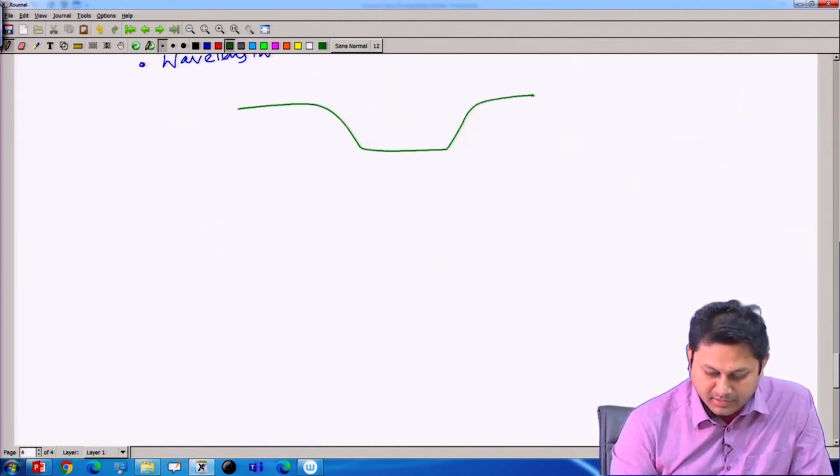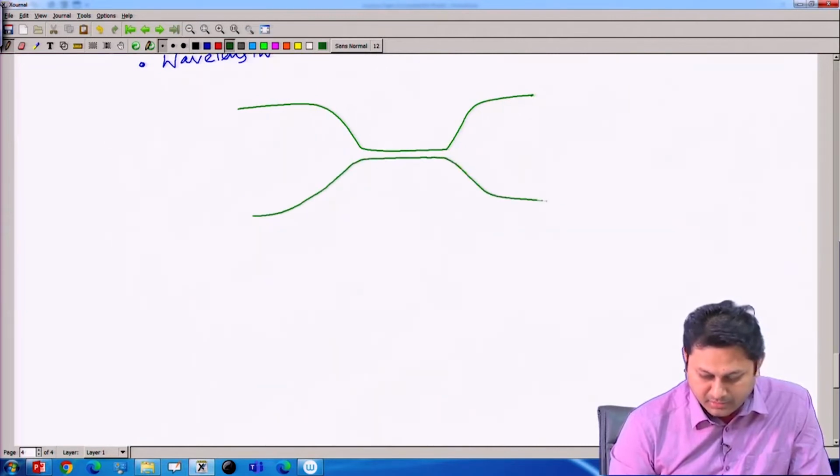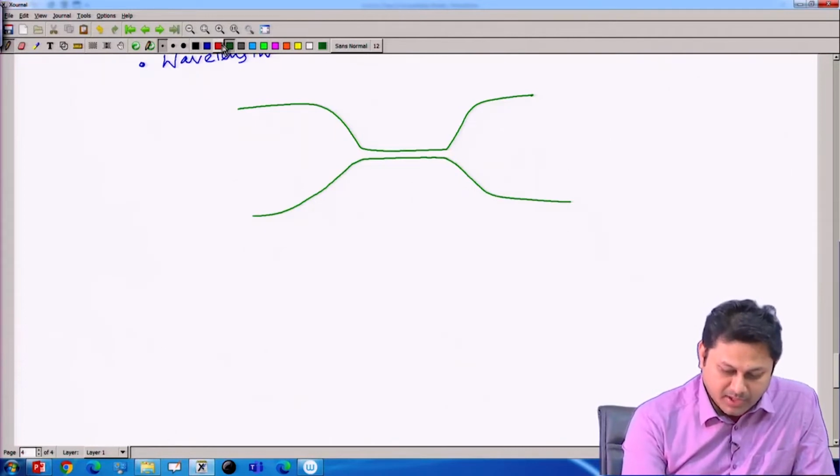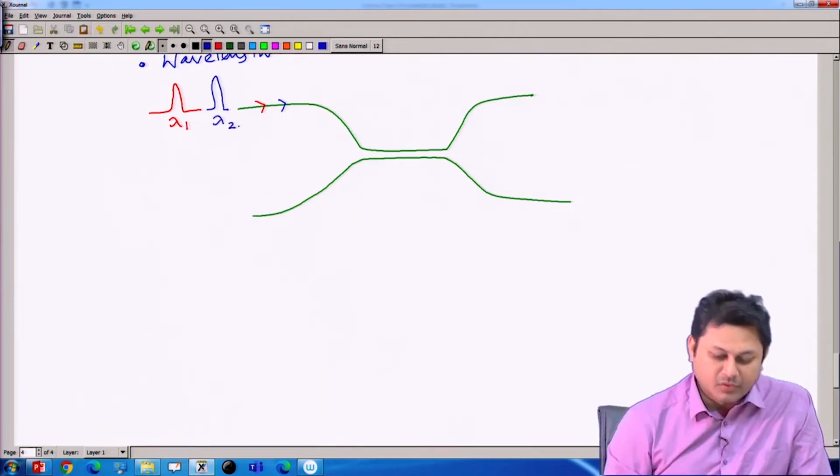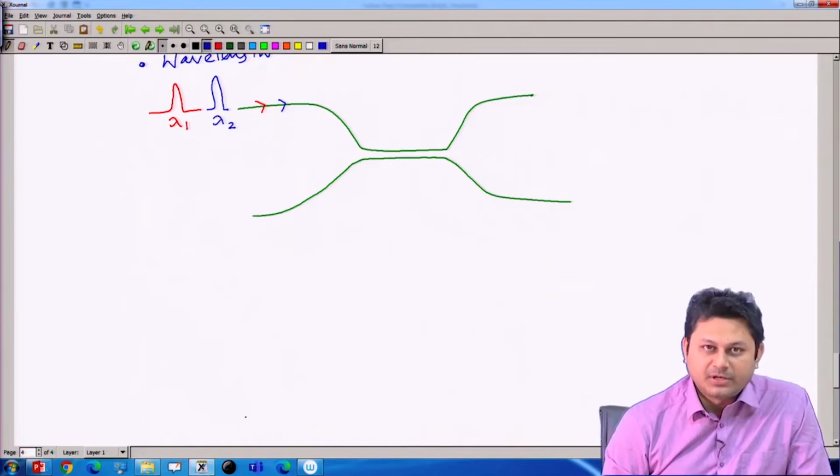So, this is the standard coupler system we are drawing every day. Here, if I launch two wavelengths, say one wavelength is lambda 1 and another wavelength is lambda 2. So, I launch two wavelengths, lambda 1 and lambda 2.